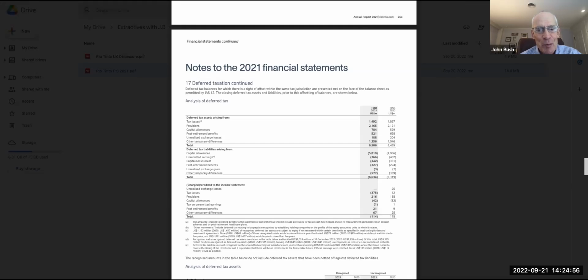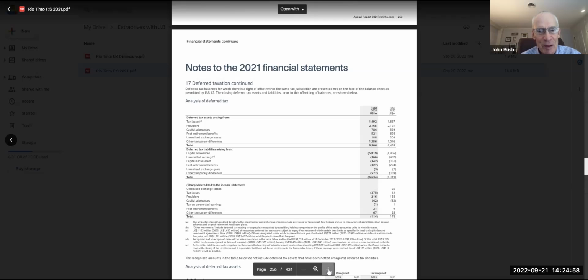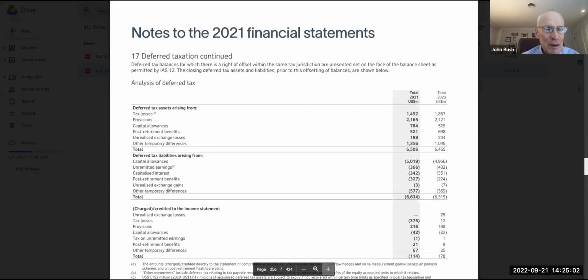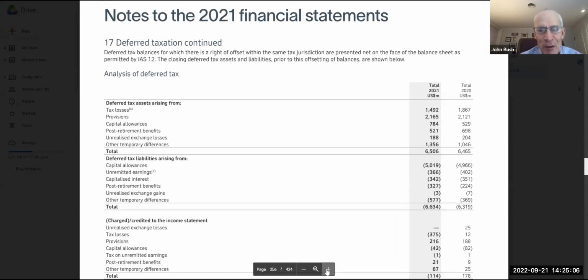But in any event, what it means, I'm almost certain, is that they're not certain of what the amounts are going to be. They've done some tax planning or whatever the situation is, and they've recorded a liability, but they're not sure whether they're going to have to pay it.